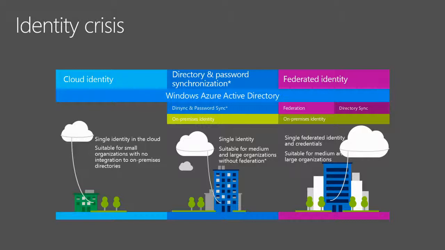So let's take a step back and look at the various types of identities which exist when it comes to Office 365. Primarily three types. One is the cloud identity, and when we correlate it back to what type of BCS connection you would be able to do with it, the answer would be cloud only, and we will come into a little more detail around why.